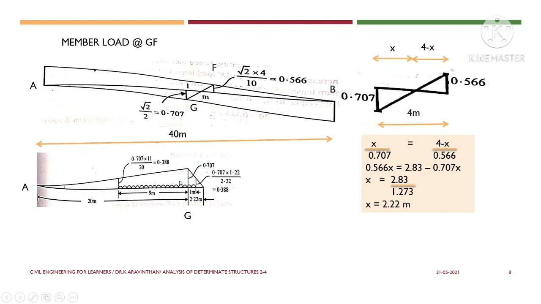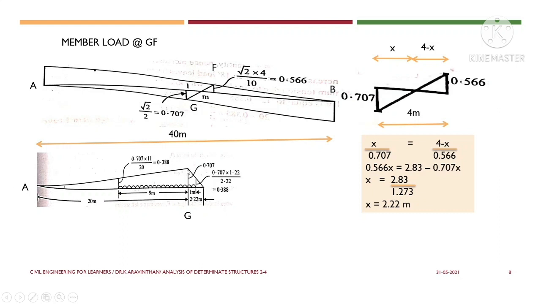When you want to find that, you have to place the load in such a way that you have the same ratio in terms of influence line. The peak of the influence line is at a distance of 20 meter, and you totally have a 22.2 meter distance.